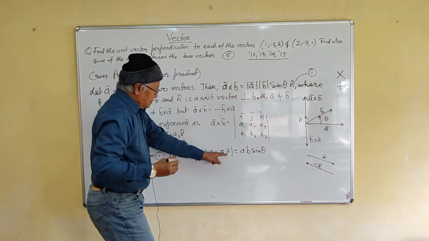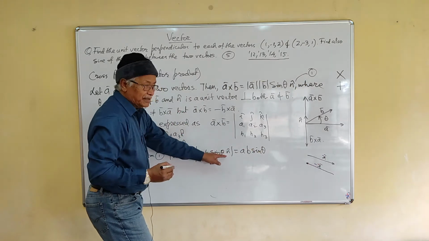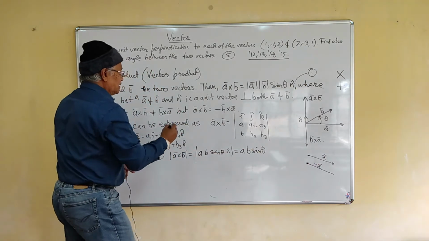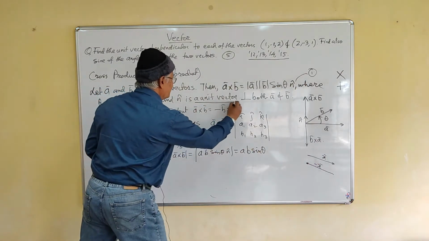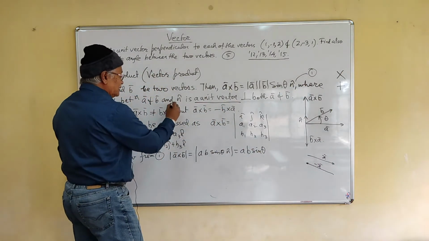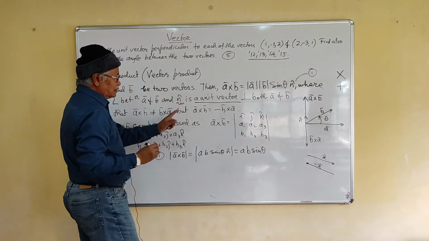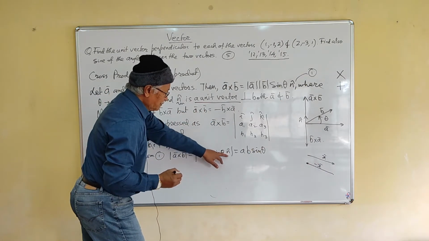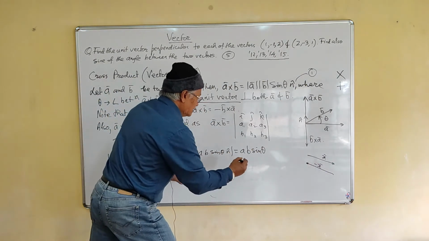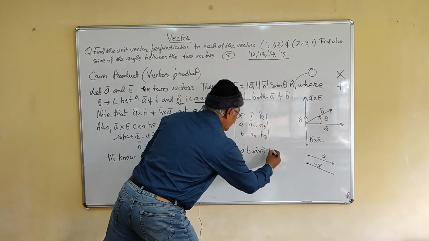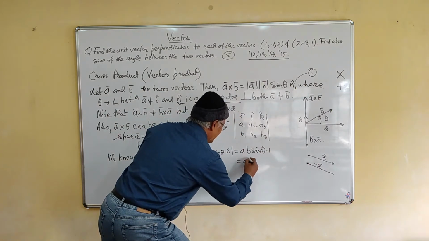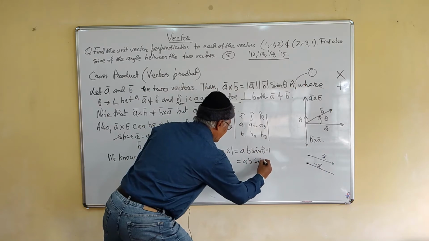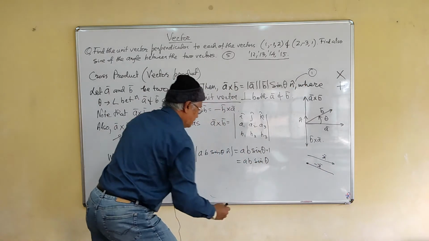And then the magnitude of n, since it is a unit vector, turns out to be 1, so multiplied by 1, that turns out to be A, B, sine of theta, right?